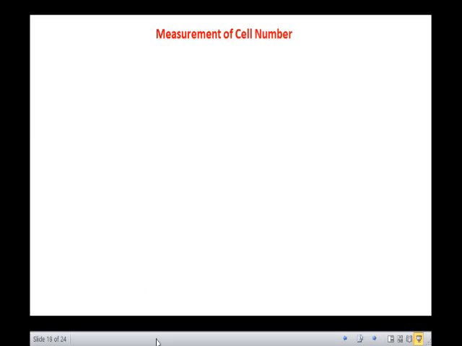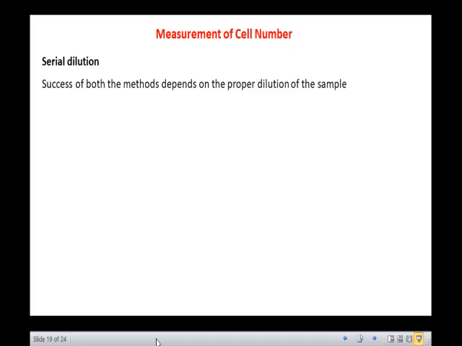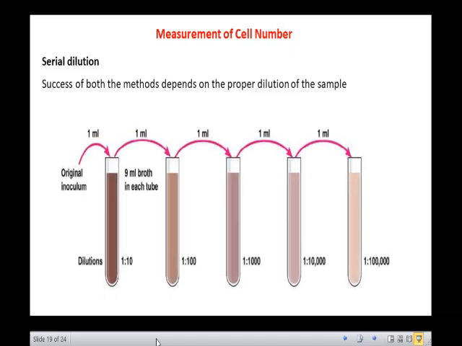The success of both the methods depends on the proper dilution of the initial sample. Usually, more than one dilution is made and it is therefore appropriately called the serial dilution. 10-fold dilution tubes are made. For this, 9 ml distilled water or physiological saline is taken in the tubes and the tubes are labeled as 10 to the power minus 1, 10 to the power minus 2, 10 to the power minus 3 and so on.